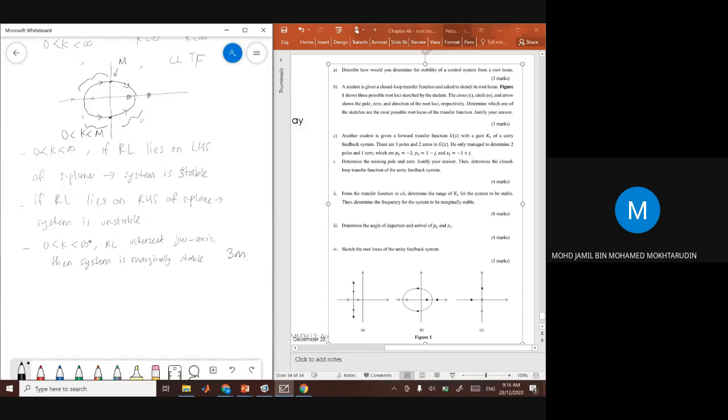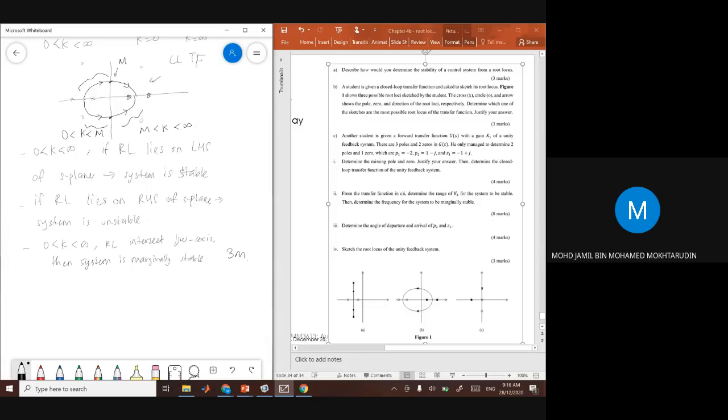This section represents the value of k from the gain at JW axis until infinity, meaning the value of k at zeros. So the system is stable from 0 until m, marginally stable for k equals m, and unstable for k from m until infinity.